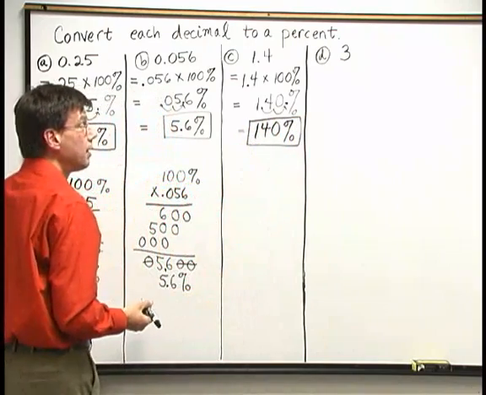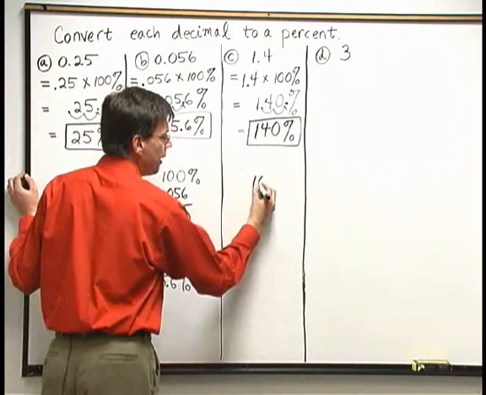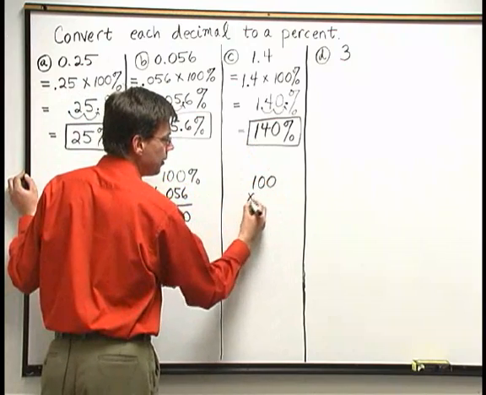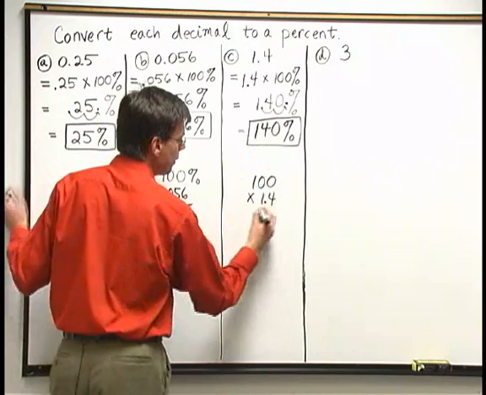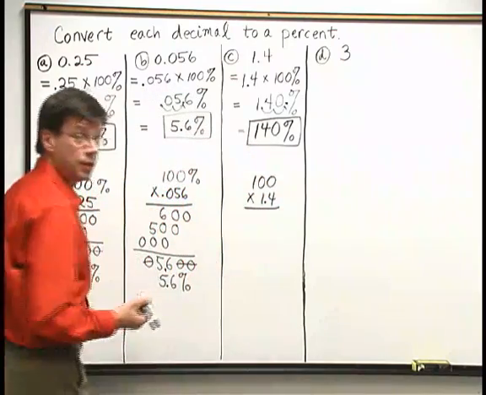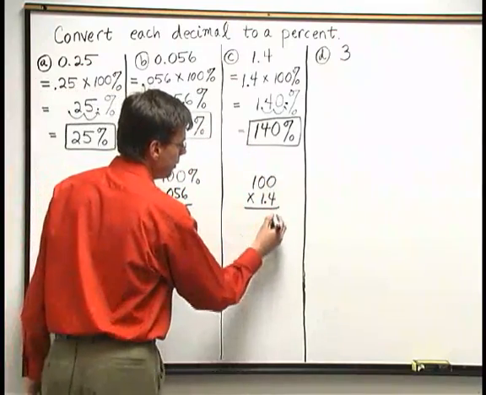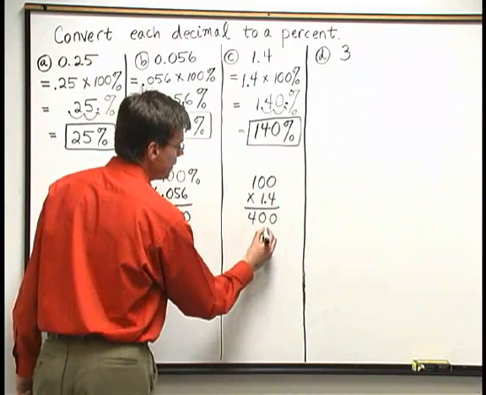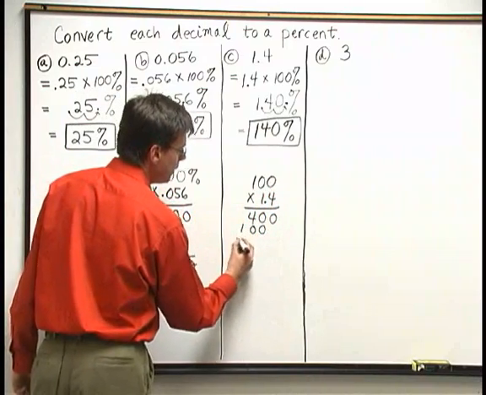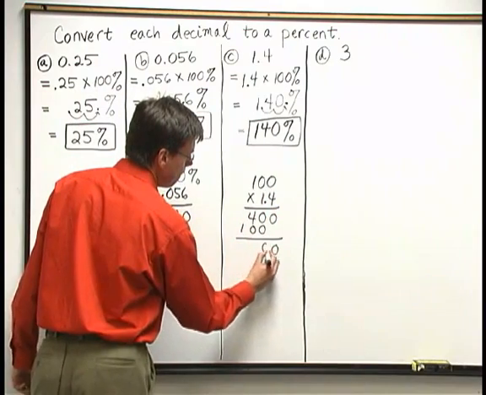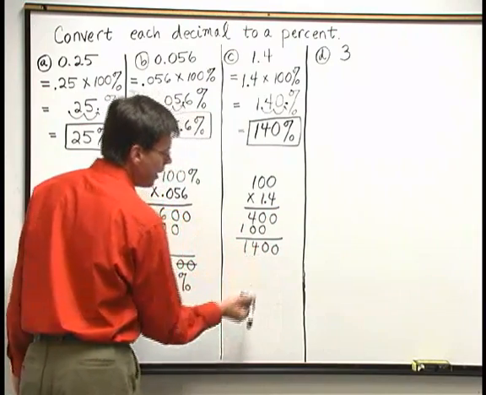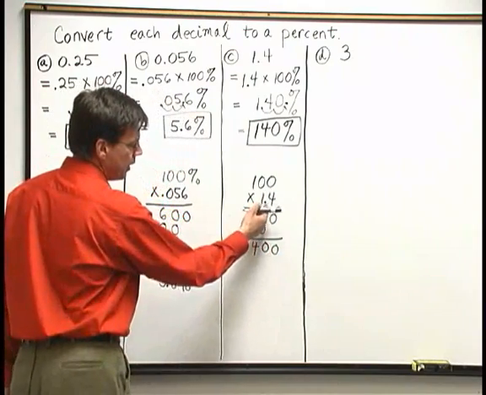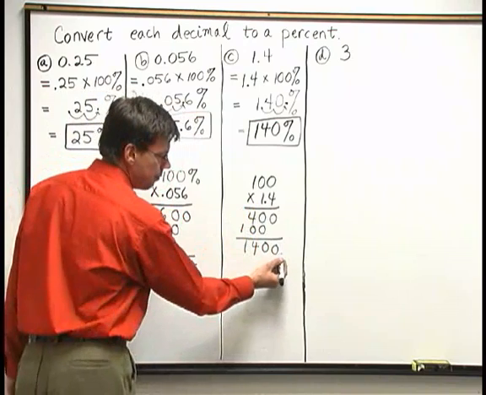And once again, I could have multiplied by 100 using long multiplication. Let's go ahead and do that to check. 0, 0, 1, add them up. And notice here, let's see, I have just one decimal place in the numbers I'm multiplying.